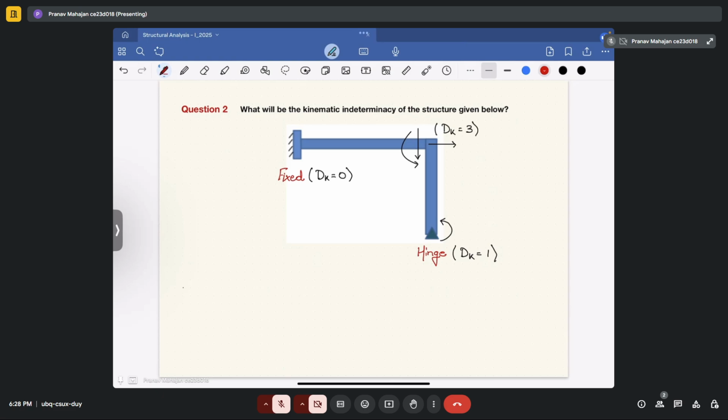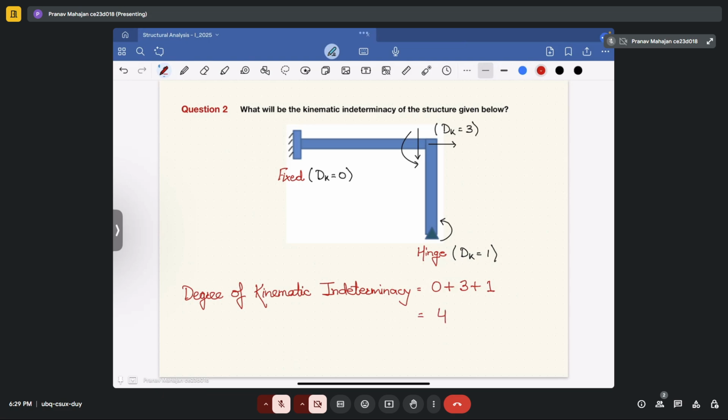So the cumulative degree of kinematic indeterminacy will be equal to 0 plus 3 plus 1, and it will be equal to 4.